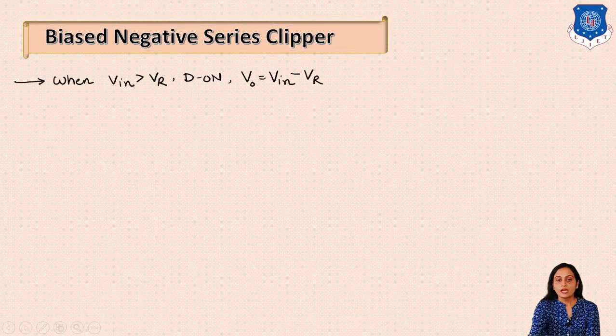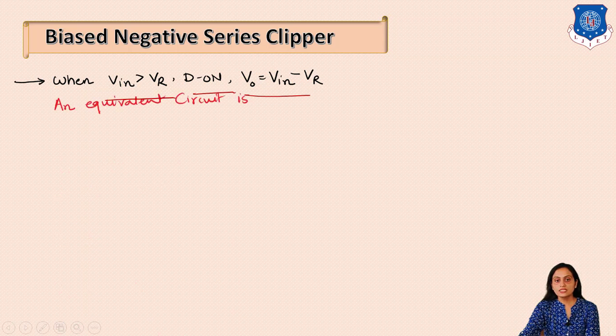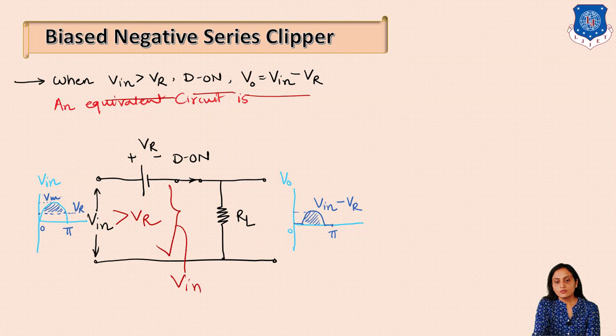Now we will see the analysis in two parts. Again the same thing: Vin greater than Vr, the diode is on, and the output will be Vin minus Vr. So the equivalent circuit is something like this. When Vin is greater than Vr, this portion is Vin minus Vr, which is greater than 0, and that is why the diode is on.